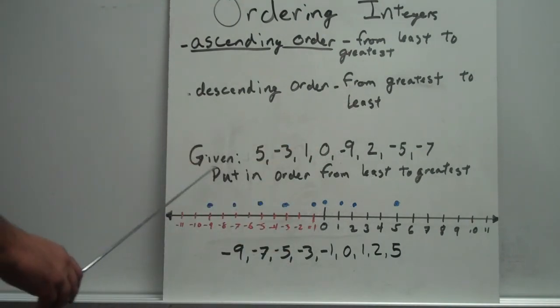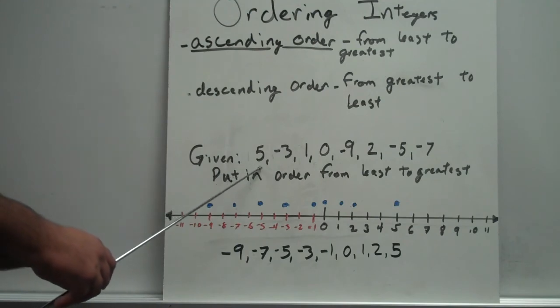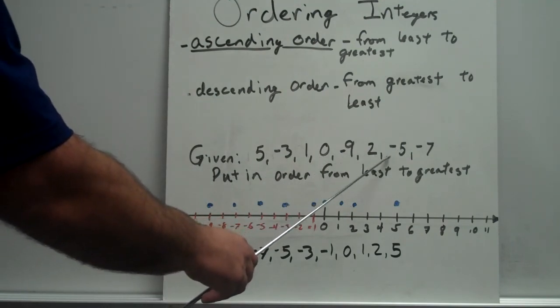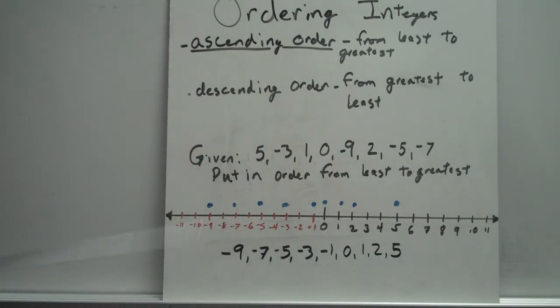So down here we have the numbers 5, -3, 1, 0, -9, 2, -5, and -7. And we were asked to put them in order from least to greatest. And this is where our number lines can come in and help us. It's very easy to see by using our number lines.